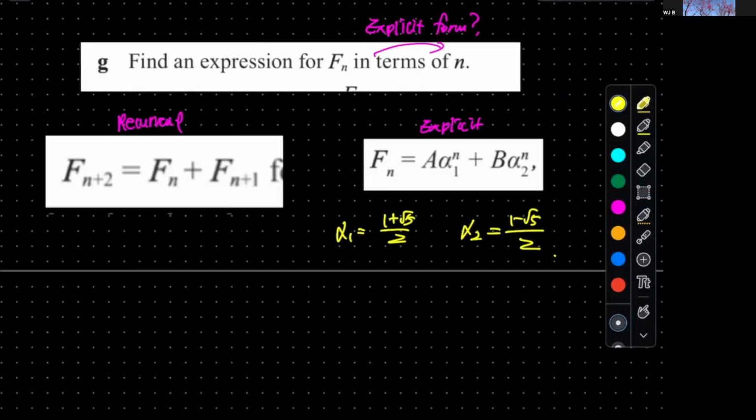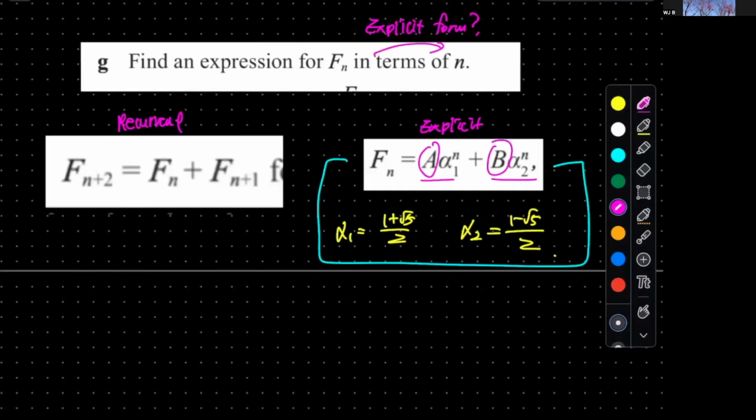But tell me, on this explicit form, who is the enemy? Who do I still have to verify? What are the terms or numbers that are not given yet, which I have to find? Yes, very good. I don't have those coefficients. I got to find them.